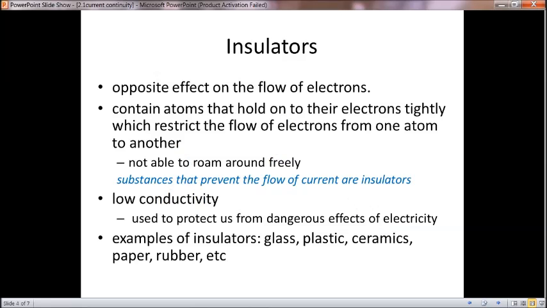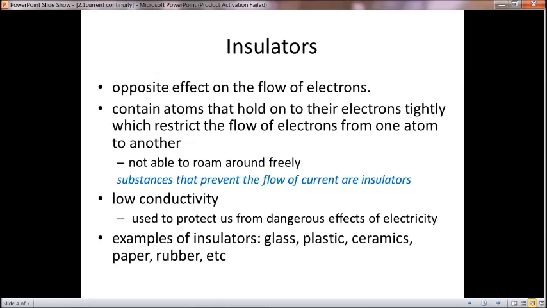Then we have to see insulators. Insulators have the opposite effect on the flow of electrons. They contain atoms that hold on to their electrons tightly, which resists the flow of electrons from one atom to another. That is, they are not able to roam around freely as in conductors. So substances that prevent the flow of current are called insulators.